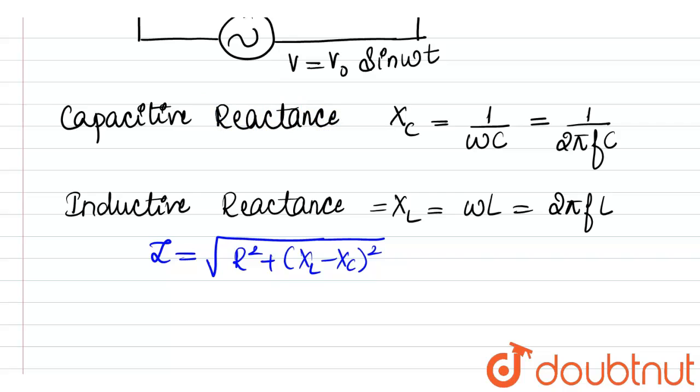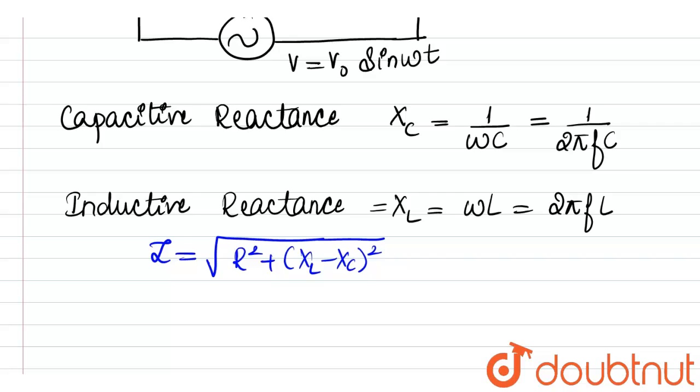For this variation of capacitive reactance and inductive reactance with frequency, in a given AC circuit, as these two effects cancel out each other, there will be a frequency for which they cancel out each other.